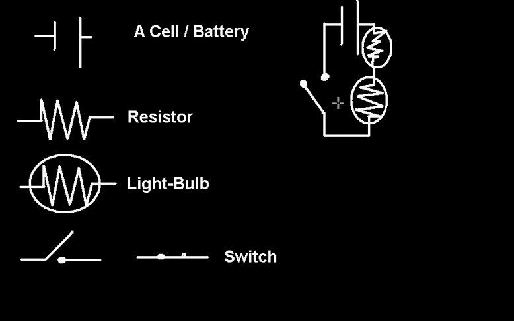Or if this one dies, this one isn't going to light up. That's a very bad way of wiring light bulbs. If you were to buy a cheap set of Christmas lights, and you notice one dies and the rest of them don't work, it's due to that system.